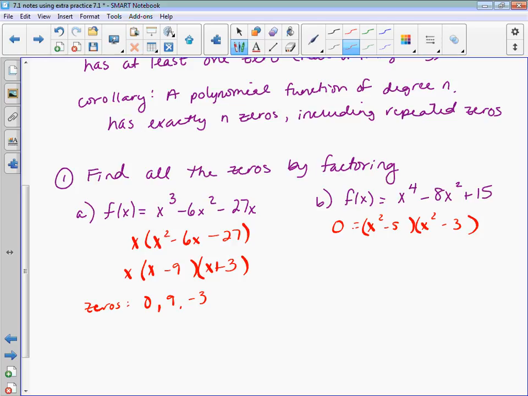Remember, we're finding where these are 0. So you've got two little factors here. X squared minus 5 equals 0, and x squared minus 3 equals 0. So what are my answers?